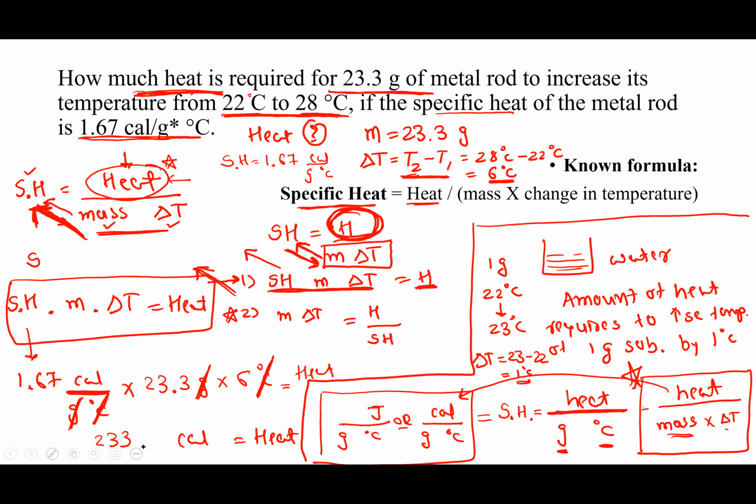So let's say if we are solving the problem and I ask you to write down your answer in the correct number of significant figures, you have to pay attention to delta T, right? In delta T, I will not give you temperatures like 22 and 28. I gave you that because it's simple, but in the exam, the way I or any of your professors is going to give it to you is like 22.0 degrees Celsius and 28.5 degrees Celsius.